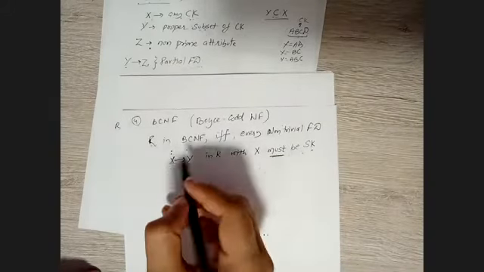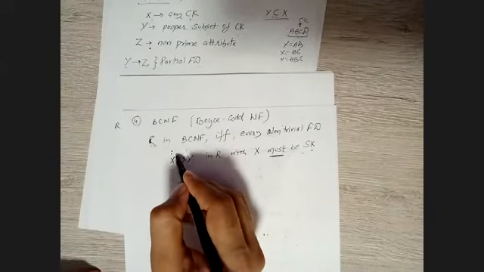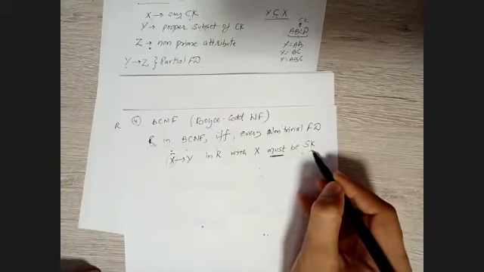So if I'm using this restriction, that X must be a super key, then obviously there will be no redundancy.